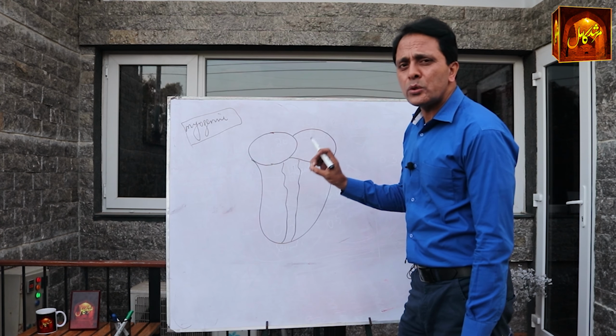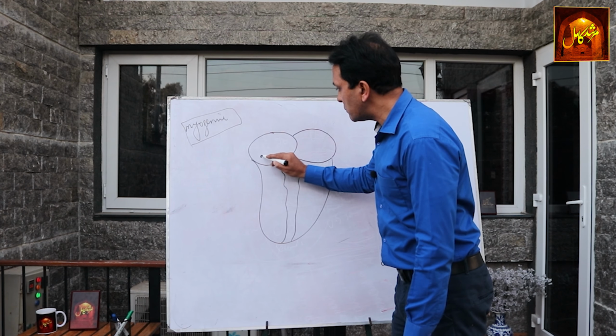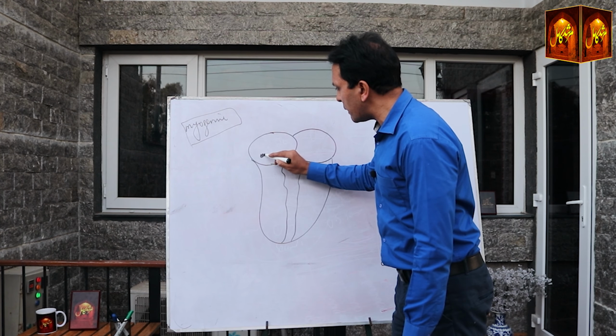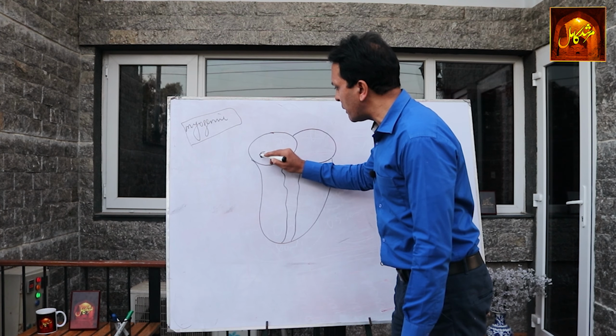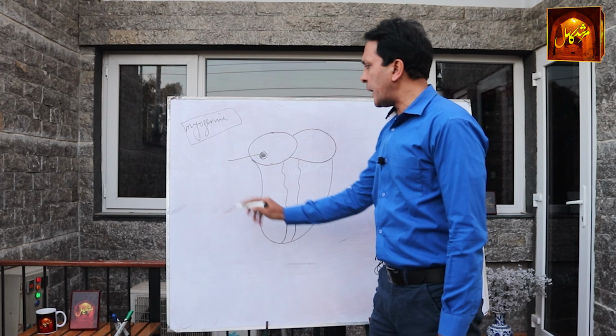A particular type of tissue is present in the right atrium. They make a specific point in the right atrium that is called SAN.